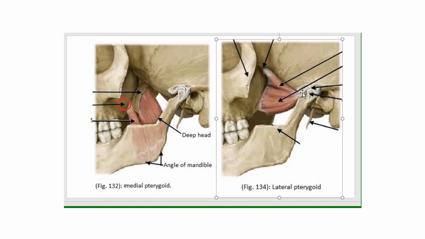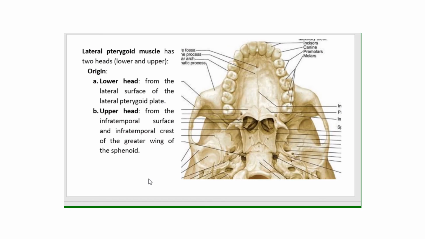The medial pterygoid takes a nerve supply by a branch from the trunk of mandibular nerve, while the lateral pterygoid takes nerve supply by a branch from its anterior division. In this figure, we want to see the lateral pterygoid plate.